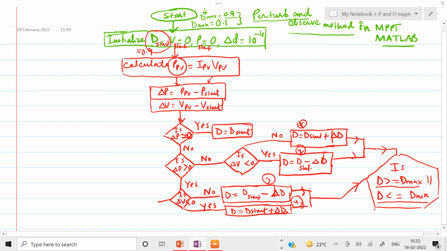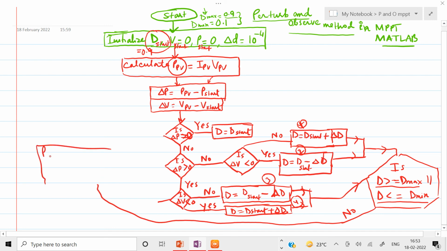If there is no problem, and it is not violating the limit, then we have to update the values of power.